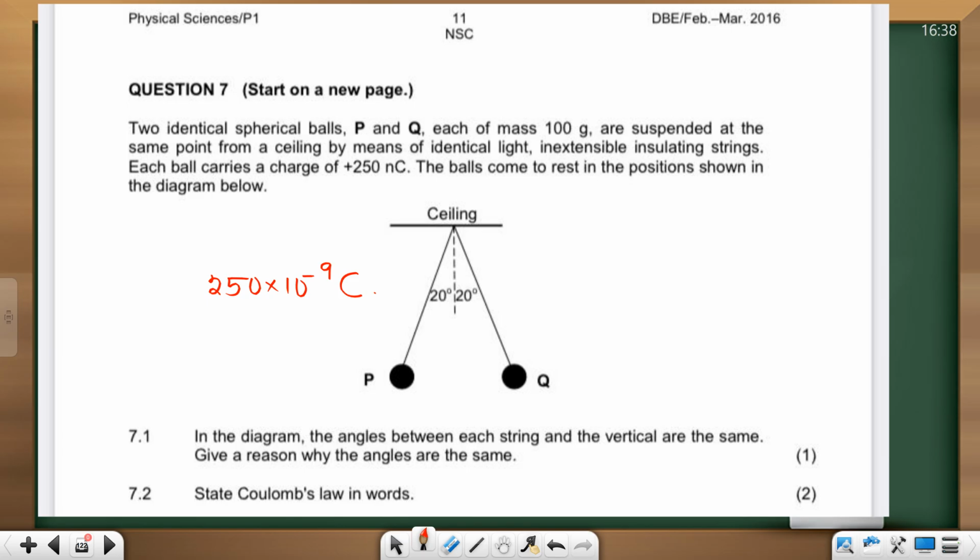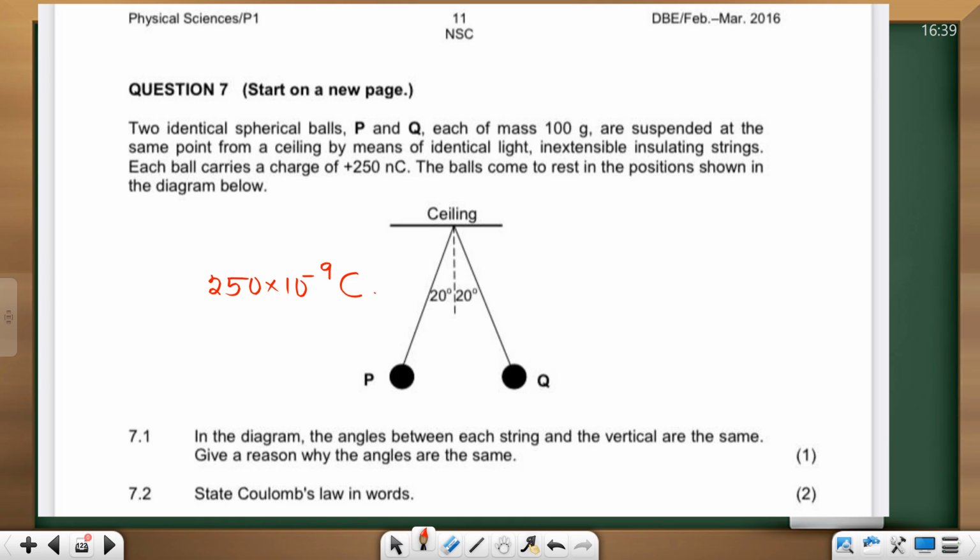Now in the diagram, the angle between each string and the vertical are the same. Give the reason. What do you think would be the reason? Because equal mass, equal charge. They are equal charge, so they exert equal force on each other.